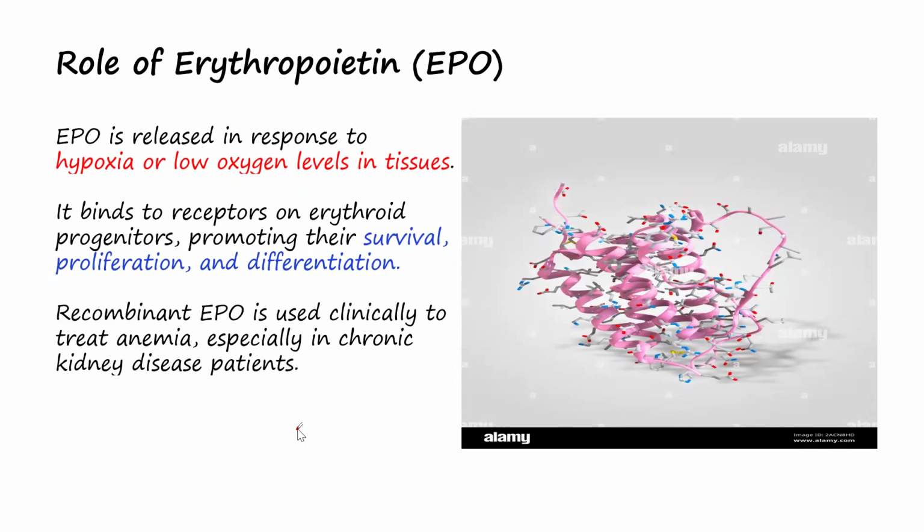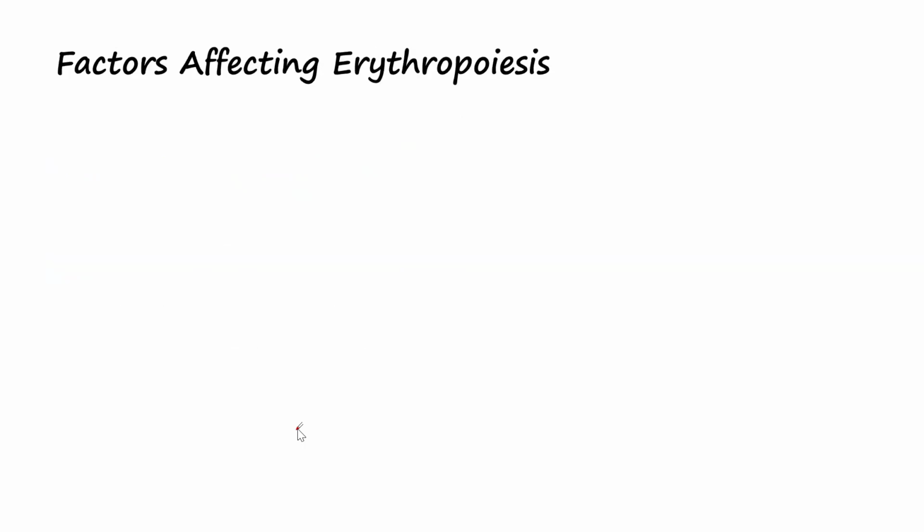So you can recombinantly synthesize this erythropoietin, which is subsequently used to treat anemia in chronic kidney disease patients.